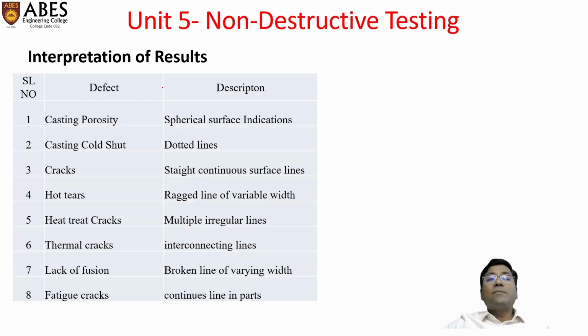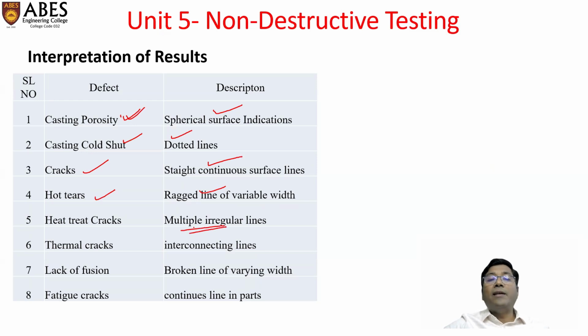Interpretation of results can be done from this table. If casting porosity is the defect on the surface, then spherical surface indications can be obtained. Dotted lines mean casting cold shut. Straight continuous surface lines mean there is a crack in the surface. Ragged line of variable width means hot tears.